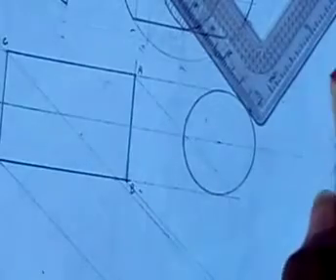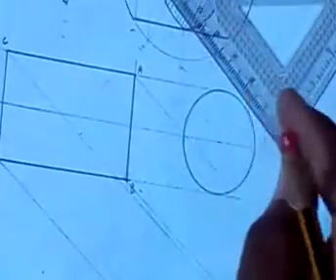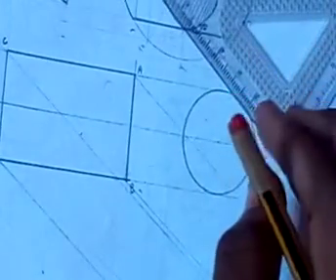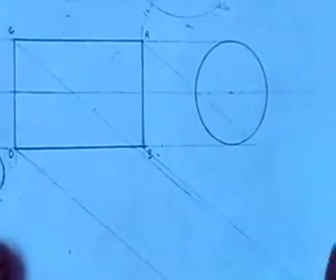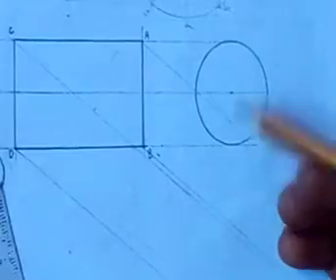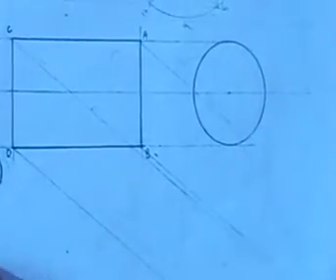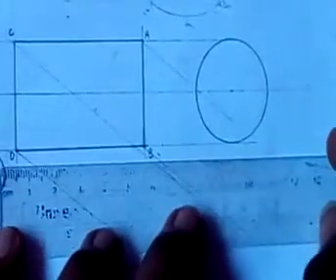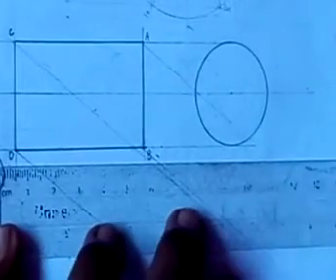Now the next step is we'll divide the vertical diameter of the end elevation into an even number of parts. That would be the vertical diameter, because when we are drawing the auxiliary plan we need the vertical distances. So this is the vertical diameter of the end elevation.